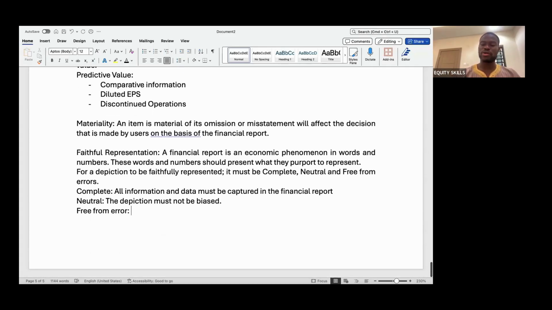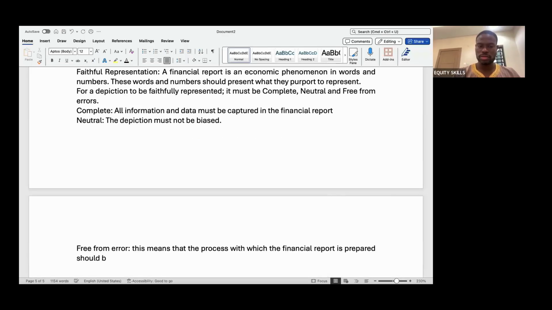So when we say free from error, this means that the process with which the financial report is prepared should be free from error. It should not have mistakes in such.